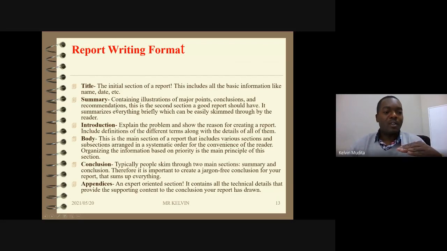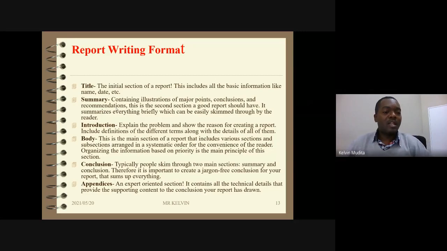That is, you should tell people what is in the report before they start reading it. You should give them a clue, from the introductions to the conclusions, of what exactly is contained in the report.